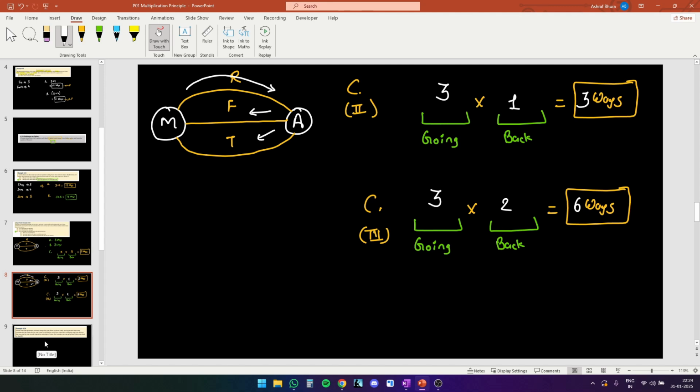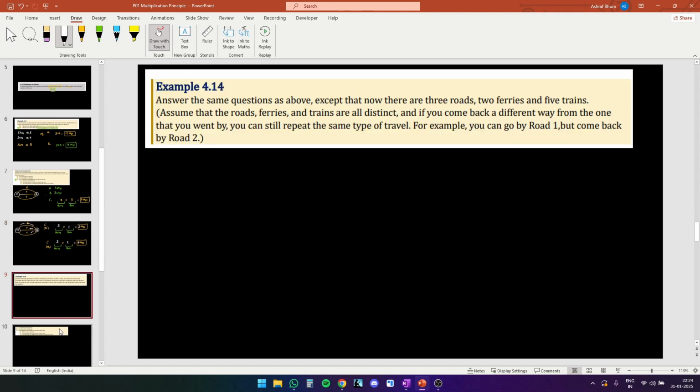Okay, now this is a follow-up question. You can try it once. Answer the same questions as above, except that now there are 3 roads. The condition has changed now. There are 3 roads, 2 ferries and 5 trains. So everything is same, and the only condition changes: 3 roads, 2 ferries and 5 trains.